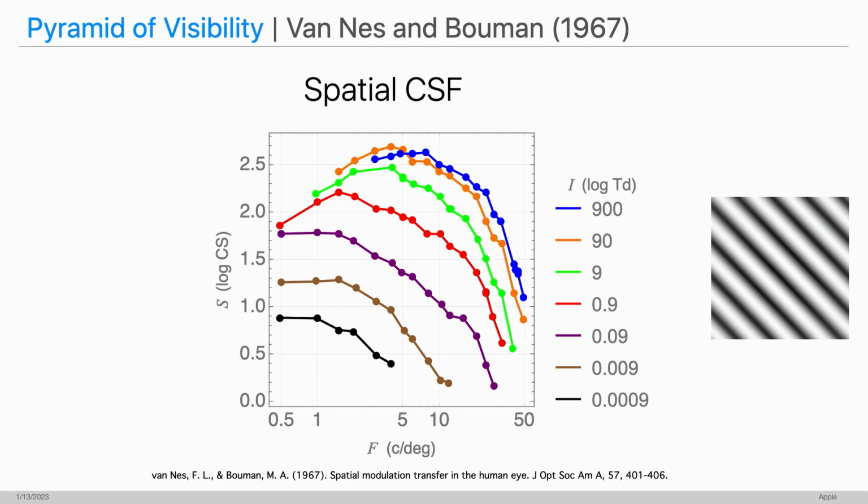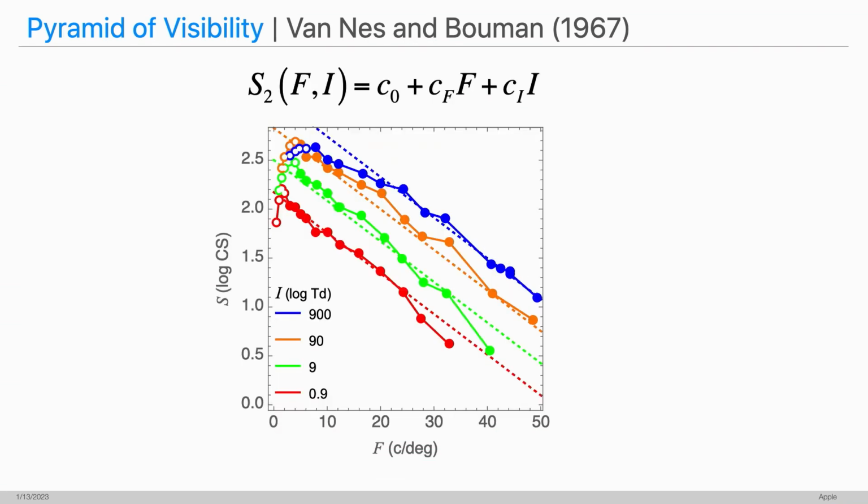There's an example of the kind of stimuli they were using. If we do the same trick of expressing this as a function of linear frequency, we find again that the curves are approximately well fit by straight lines, and the straight lines have the same slope, and they're separated by a linear function of the log adapting retinal illuminance.